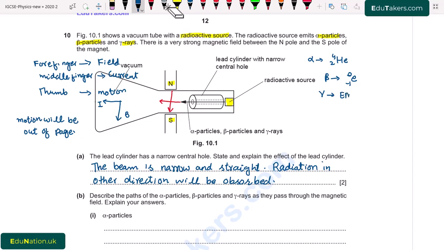And gamma rays are basically electromagnetic radiation, and these are neutral, they don't have any charge.